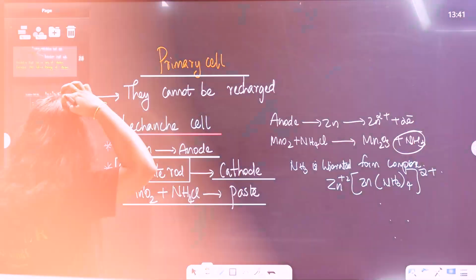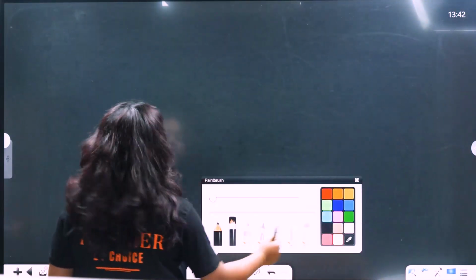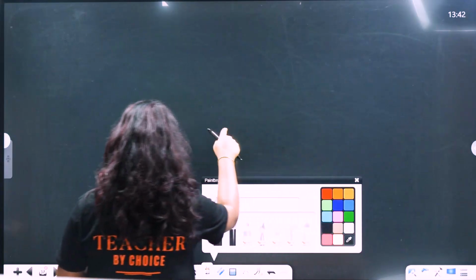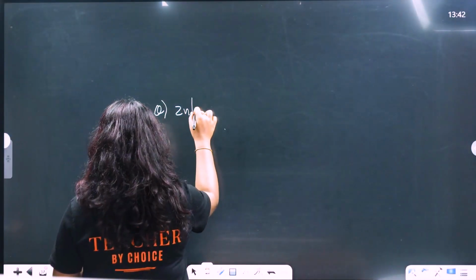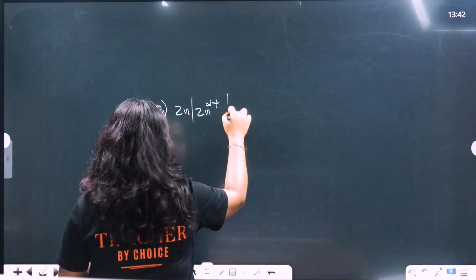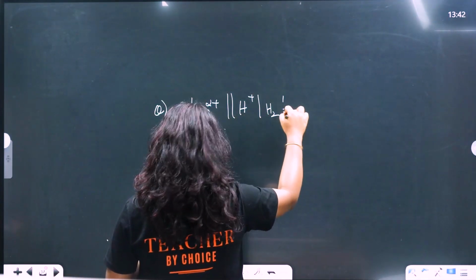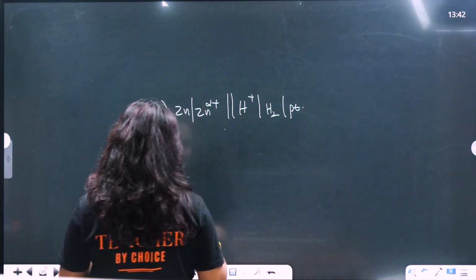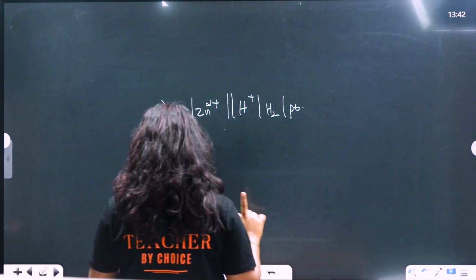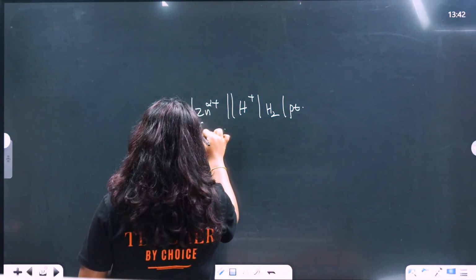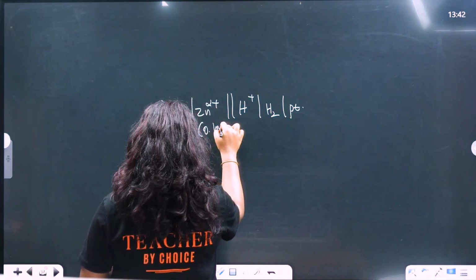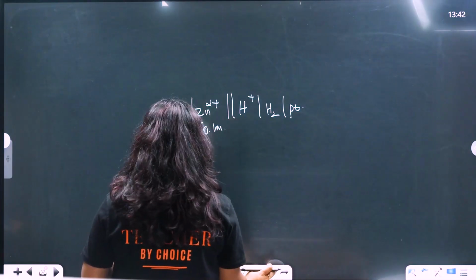One second. So you know about the reference electrodes, we have discussed it, right? So this is a question. Zn gives Zn2 plus, salt bridge, H plus, H2, platinum. So they are using one as a reference electrode and this is the Zn2 plus, and they have given you 0.1 molar for Zn2 plus.